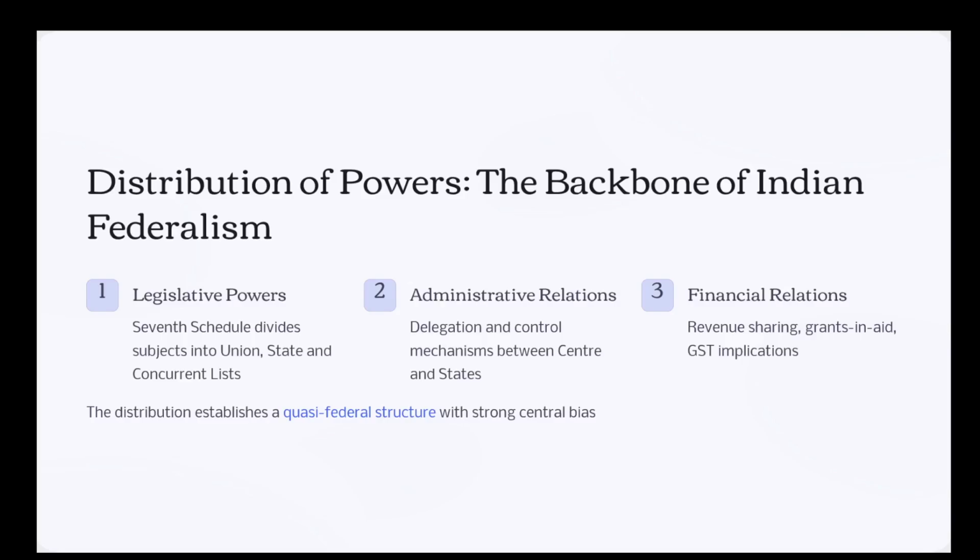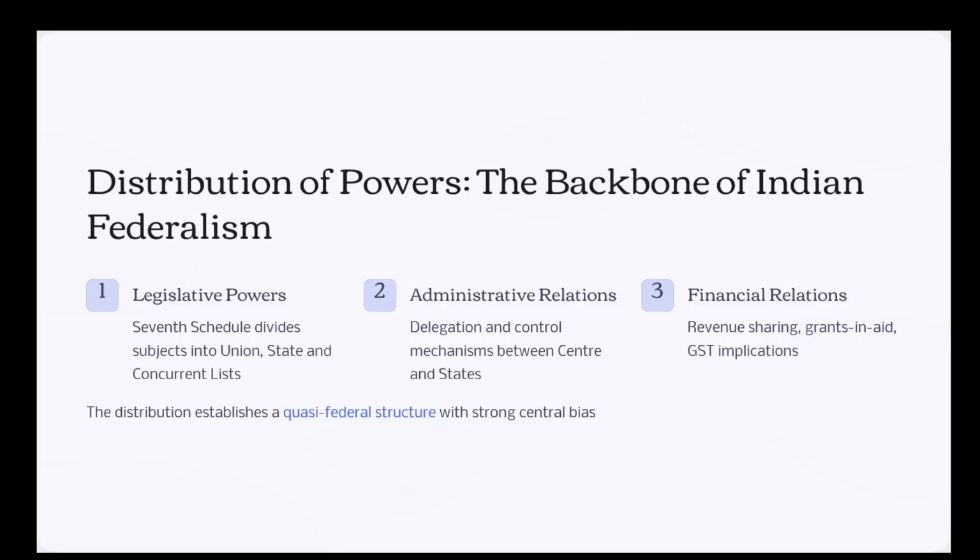So, distribution of powers, the backbone of Indian federalism: one is legislative powers, then administrative relationship, then financial relations. The 7th Schedule divided subjects into Union, State and Concurrent lists, and administrative relations include delegations and control mechanisms between the Centre and states.